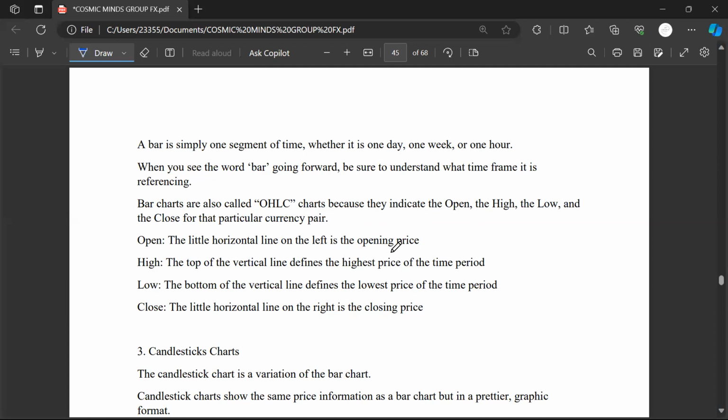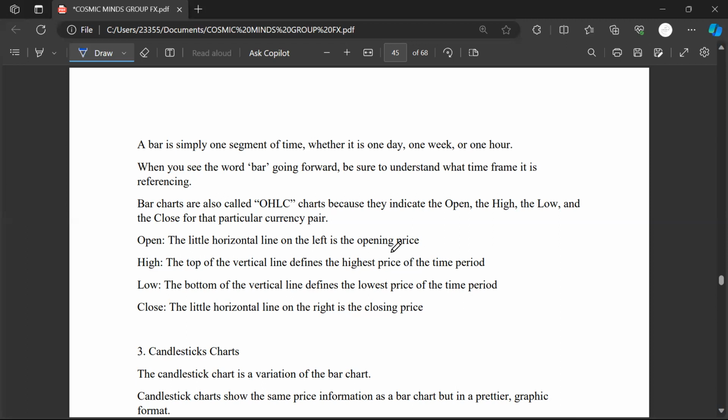Now, bar charts are also called OHLC charts because they indicate the open, O, the high, H, the low, L, and then the C for close for that particular currency pair. So you see this on your chart, on the top left, whenever you open a chart. Now, let's look at what is the open.